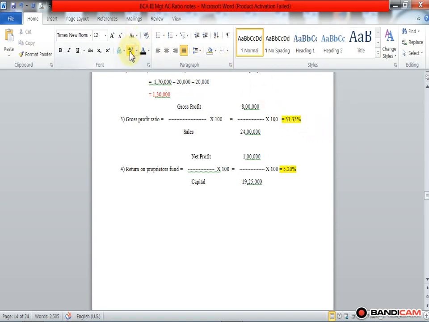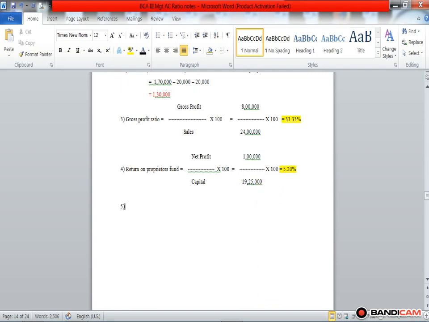Return on proprietors fund, to find a relationship, so here net profit divided by capital into 100. Okay, capital invested in the business, so we get the percentage of return on owner's capital here.